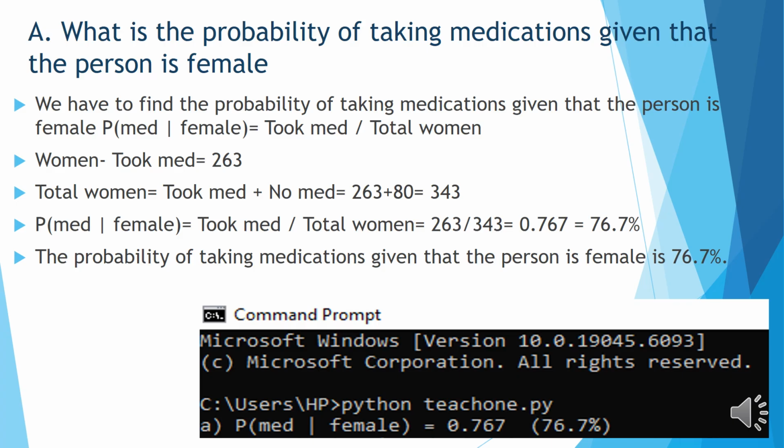So the probability of a female taking medication would be the number of females taking medication upon the total number of women, which turns out to be 76.7%, which is our answer. On the right side below, there is a screenshot of the Python code output, which also shows the same result.